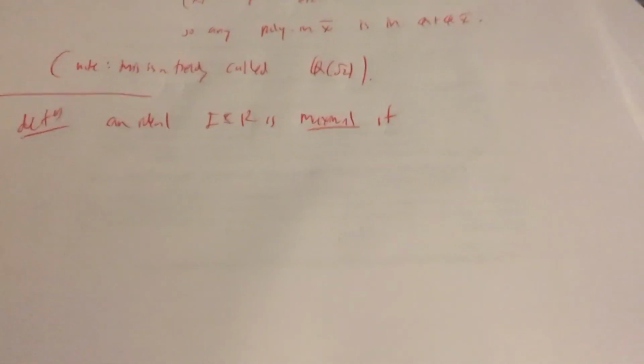I in R is maximal if it's the largest two-sided ideal.